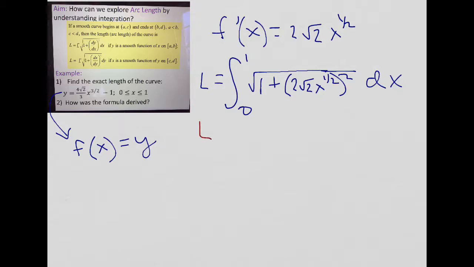Okay, so now we can do a little bit of simplifying here, which is a really awesome thing for this particular problem. So if you take a look at what we're squaring, we're going to square the 2 radical 2, so that's going to be 4 times 2, and that's 8.